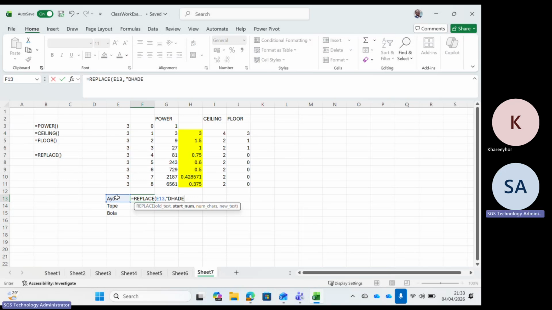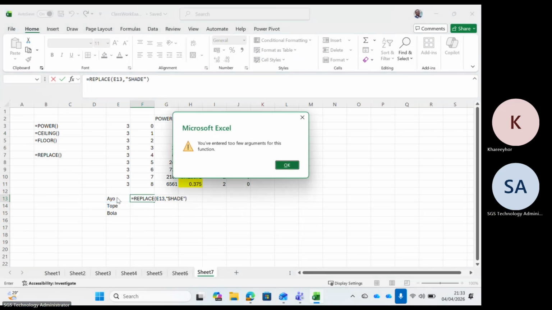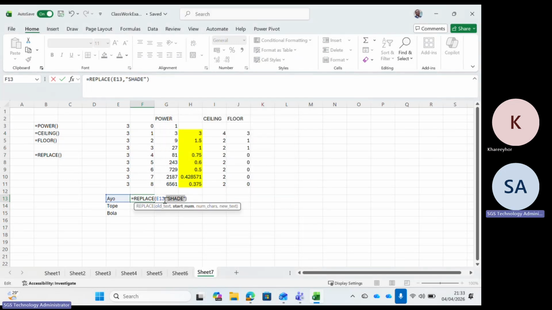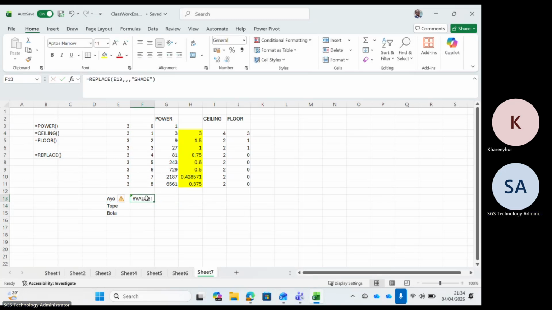Let's say I do this, I do this, and then that. Does that complete it? It's asking for some parameters that we did not give.